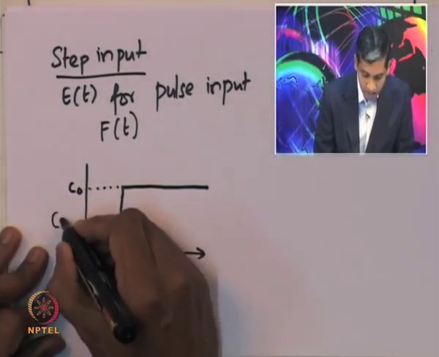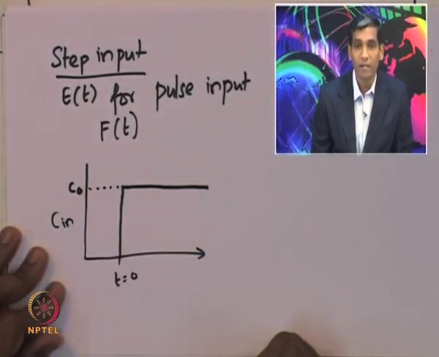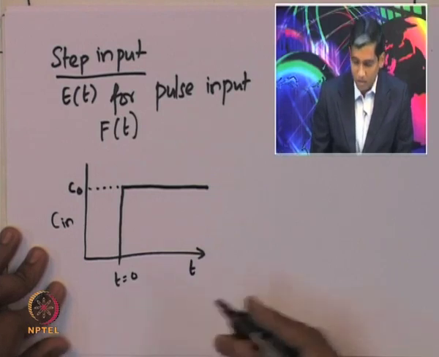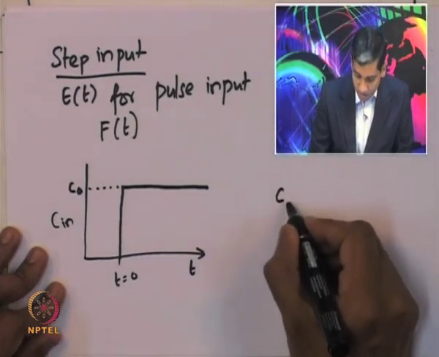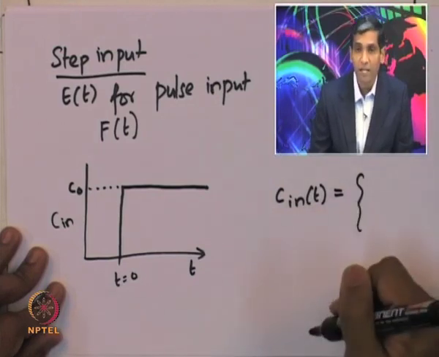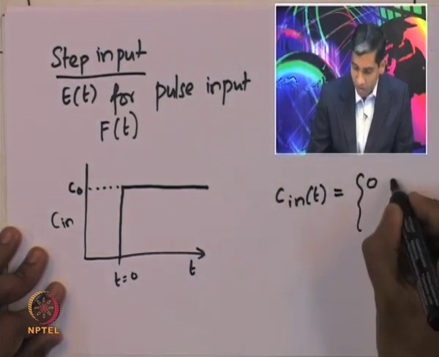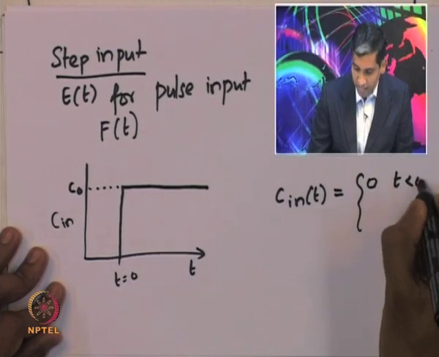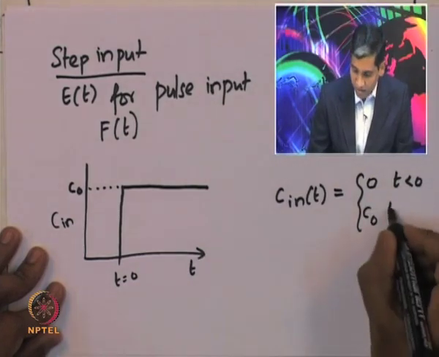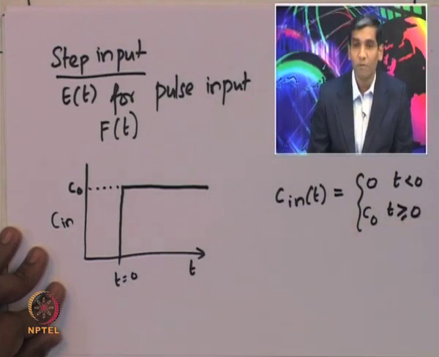This is the inlet concentration of the tracer in the feed stream as a function of time. So, mathematically, C in as a function of time is 0 if t is less than 0, and equal to some constant C naught if t is greater than or equal to 0.